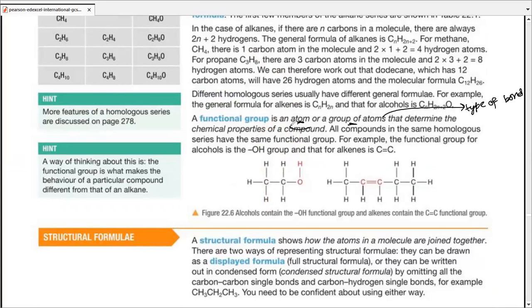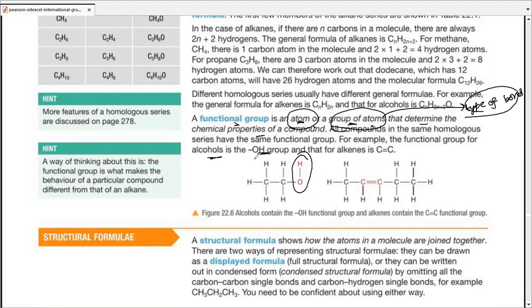A single atom, sometimes a group of atoms, maybe a type of bond actually determines the chemical properties of a substance. For example, all the alcohols in the world have this OH bond attached to them. So we call this OH group the functional group. Because of this OH, an alcohol is an alcohol.